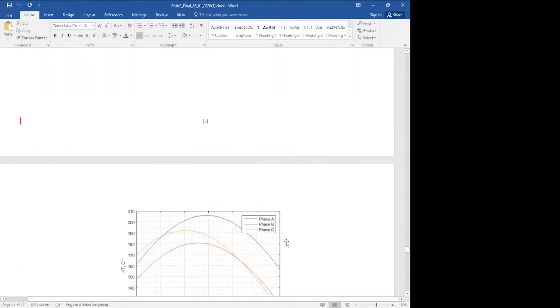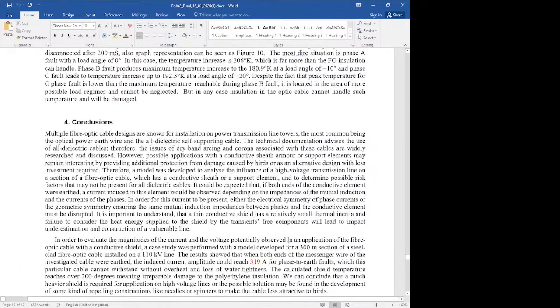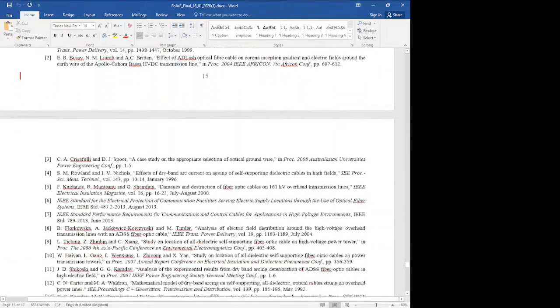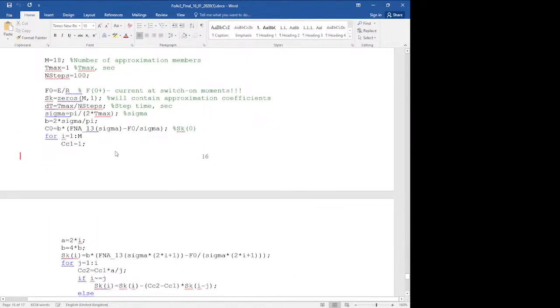It was used to find a temperature increase of a coupled network. What is it? We have a shielded fiber optic cable under a high voltage line. Line wires are metal, coupled with the shield. So the question was to find the temperature increase of the shield. And here is a small example.